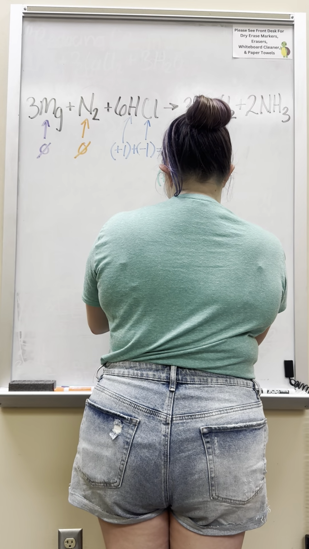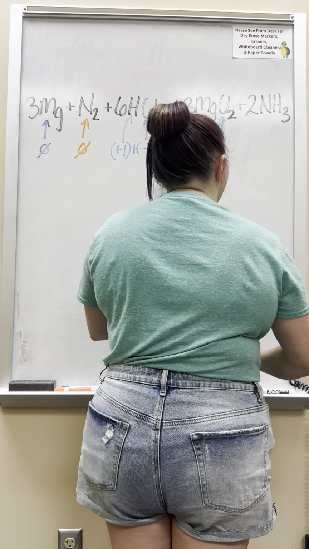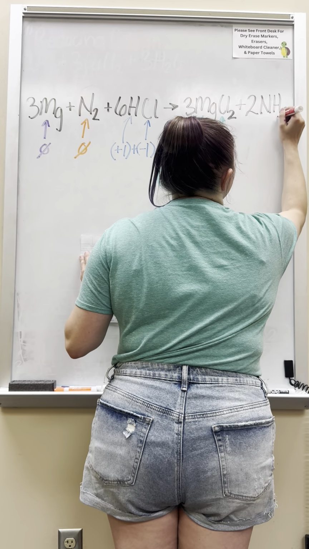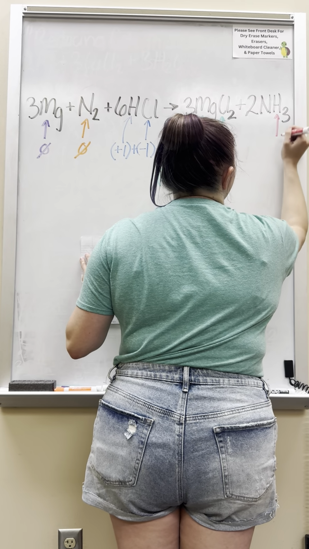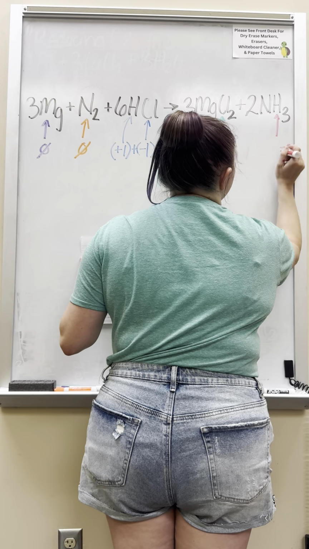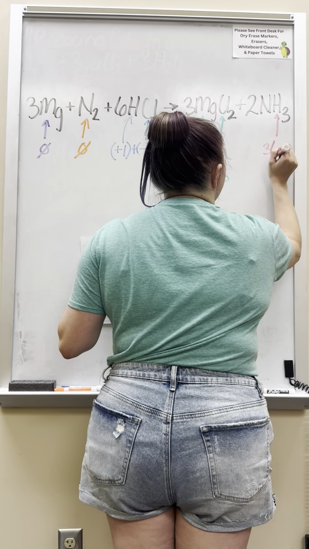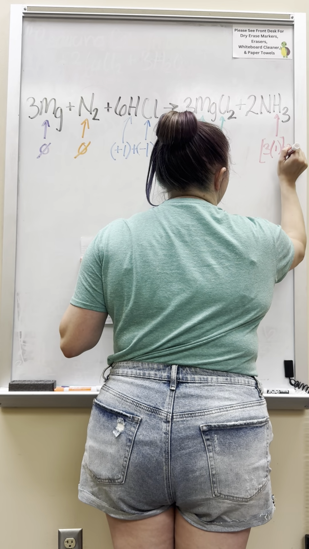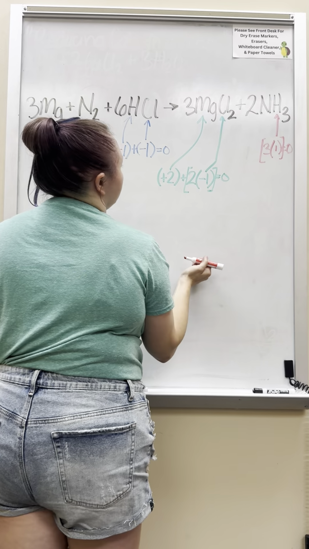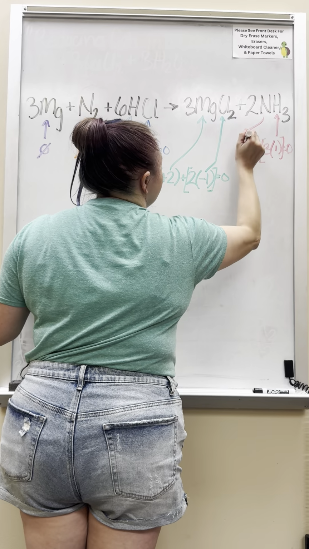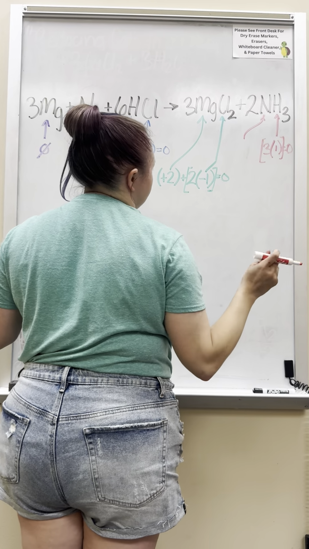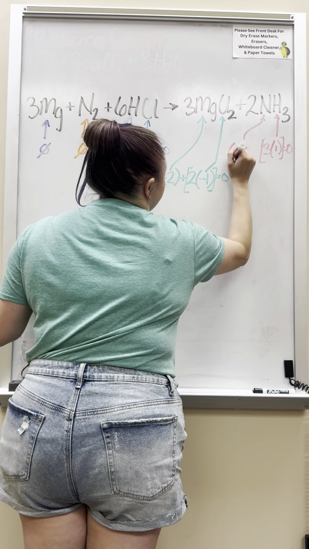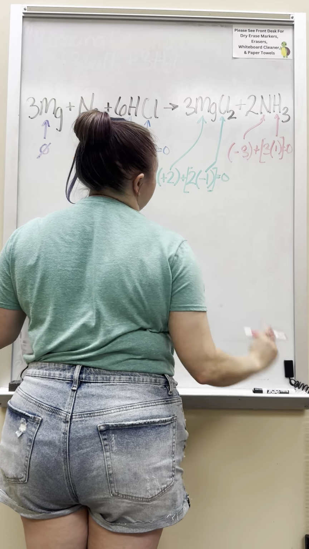Different color. We can do this! Yes, we can! We know it'll equal 0. No, it's 3 times a +1. Okay. Which means that N needs to be a -3.